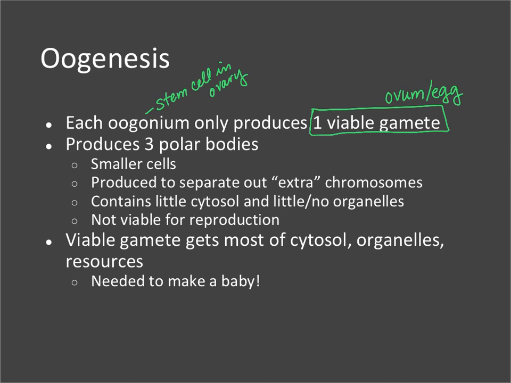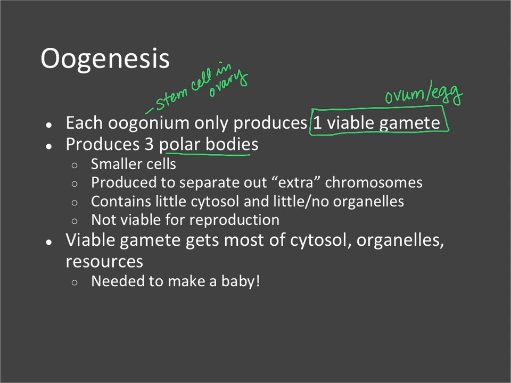The other three daughter cells are known as polar bodies, and these are smaller cells. They're really produced just to separate out those extra chromosomes to get them out of the way, but they don't have much cytosol and they don't really have any organelles, and they are not viable for reproduction. So it's literally just packages of chromosomes that get thrown away.